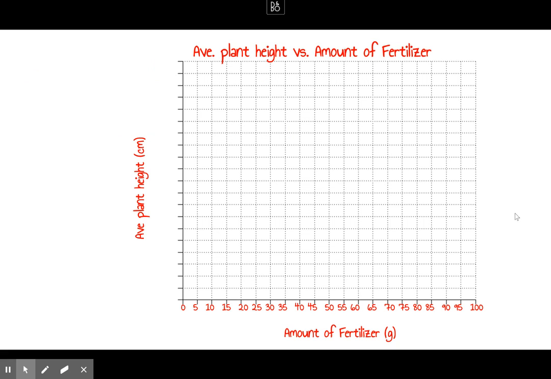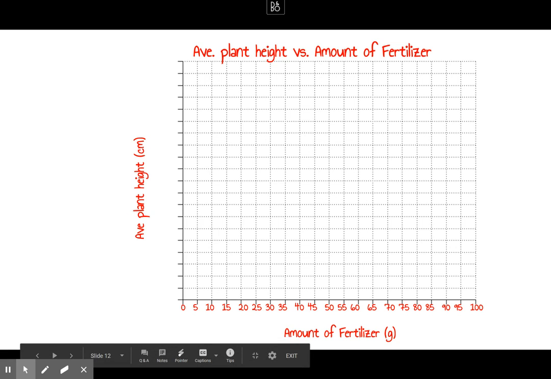So let's take a look here. As we can see, we have our title, average plant height versus amount of fertilizer. And so you can see here, this is properly set up on our x-axis. We have our title and our units for it, our amount of fertilizer measured in grams, and it's scaled by 5s.